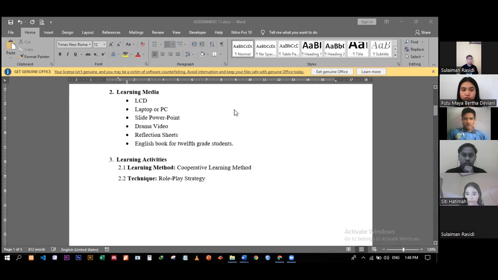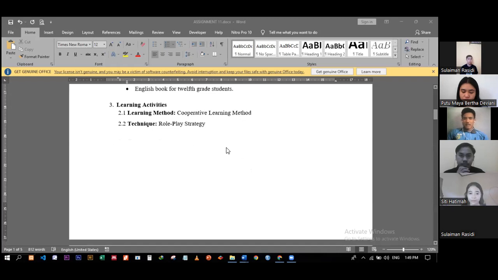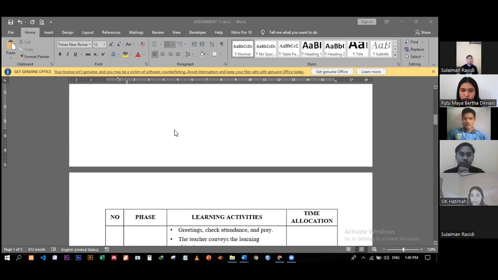We also provide a reflection sheet, and for the material, we use the English book for 12th grade students as a reference. And then for the learning activities, we use a cooperative learning method complete with a role play strategy.